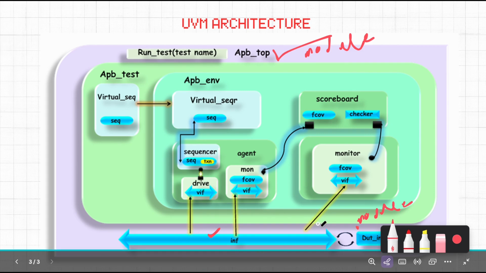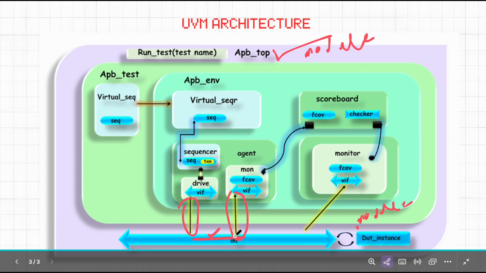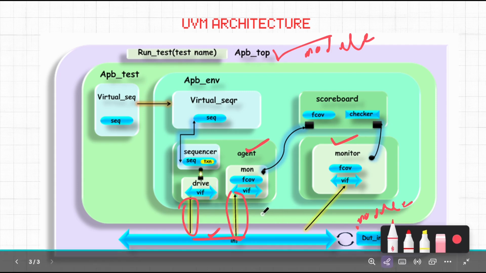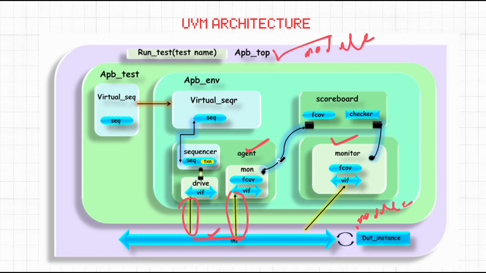Now, in the previous architecture I hadn't shown you this, the interface will be like this, and this will be your virtual interface, but this is a topic for another video, so we will not cover it. But the rest of the things are similar to the SV architecture, like the active agent, and here is our passive agent. Here we have used the scoreboard outside of the agent, and you can do that for comparison. From this monitor to this monitor the comparison is done in this scoreboard, and in the scoreboard we have written our functional coverage and checker.